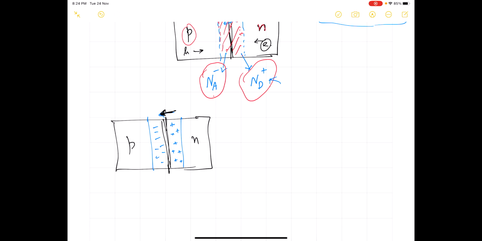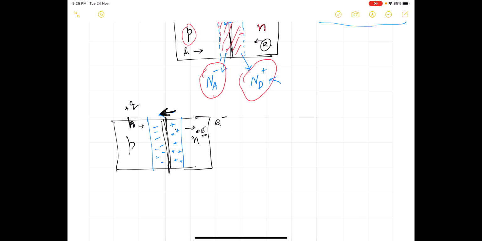Since electrons have negative charge, the field will be in this direction as the effective field on the electron. The electrons which want to go in this direction will see the force applied from this depletion region, and they cannot move further. In the same way, the holes, which have positive charge, will see this effective force and cannot move further.